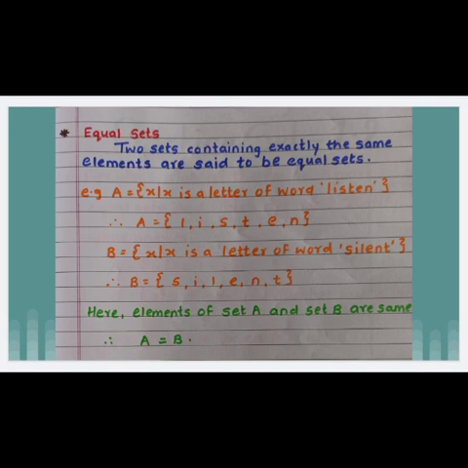This is the rule method. So first we will convert it into listing form. Therefore A is equal to curly bracket, and mention the letters from the word listen, that are L, I, S, T, E, N. Curly bracket close.